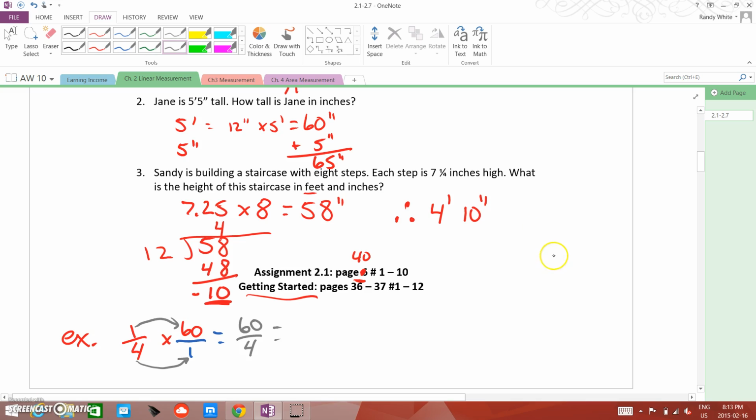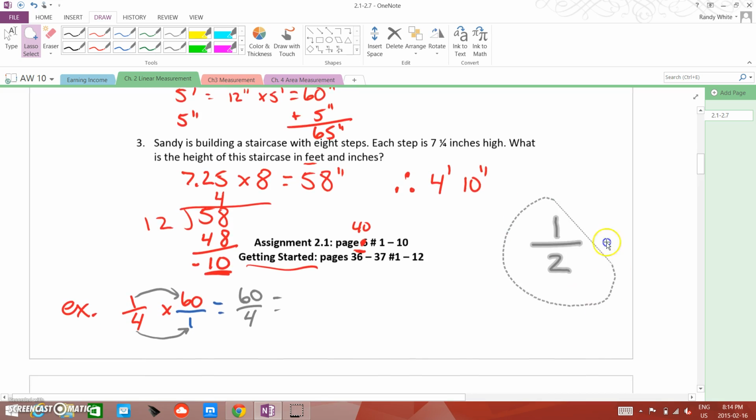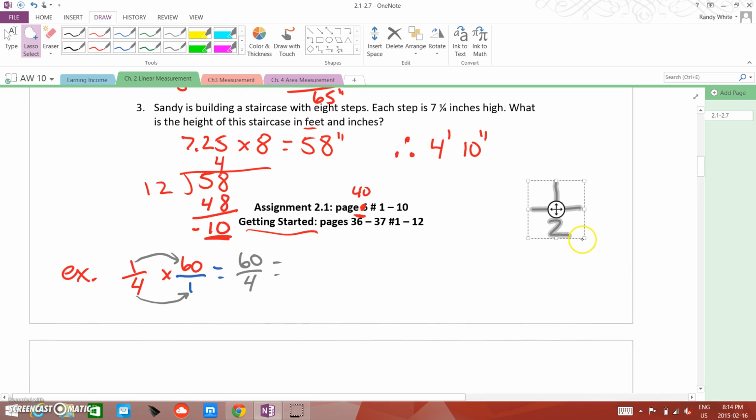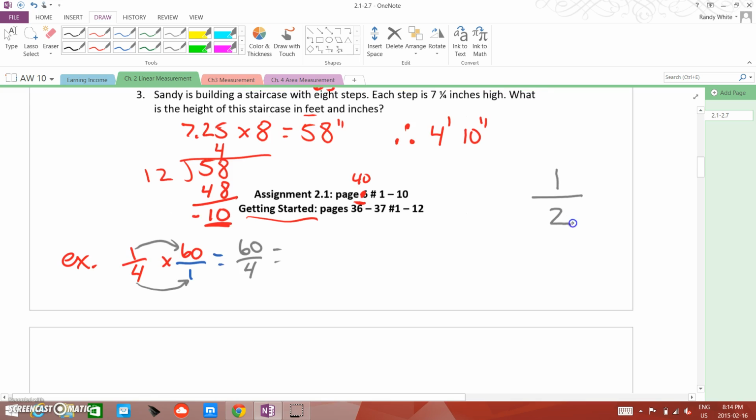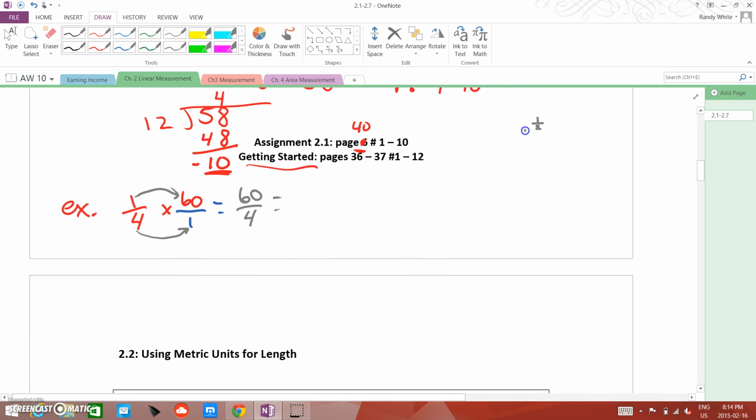Now I often do a little trick with kids. 1/2 is a fraction. And if I take that fraction and I do this, and then I try to resize it, I make it smaller, it starts to look just like a divide sign. Okay, and that's what a fraction is.